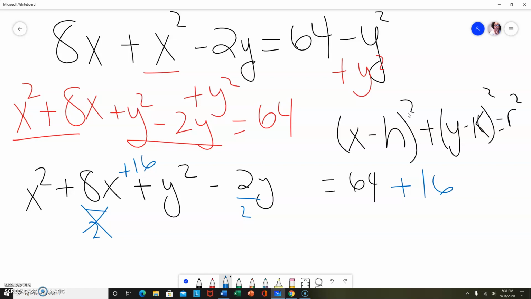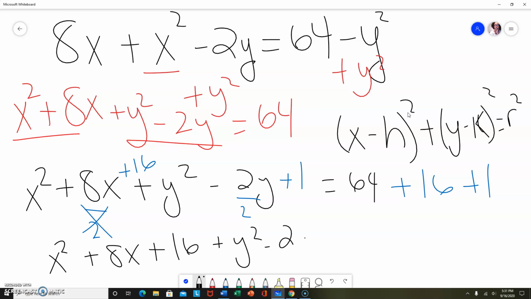So negative 2 divided by 2 is negative 1, and negative 1 squared is a positive 1. So whatever I do to one side, I need to do to the other. So let's rewrite this. So I get x squared plus 8x plus 16 plus y squared minus 2y plus 1 equals 64 plus 16 plus 1.